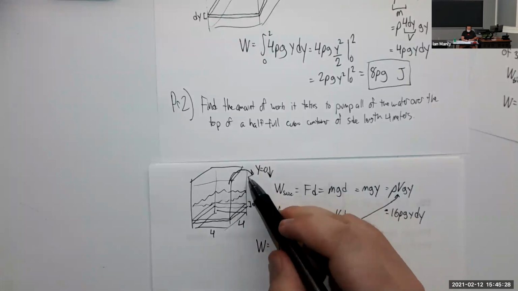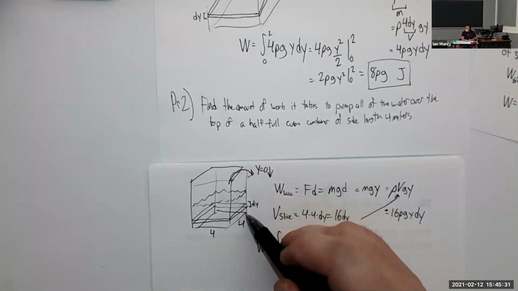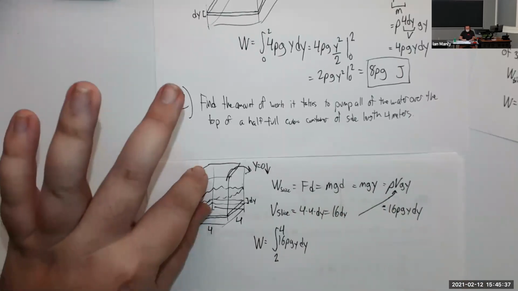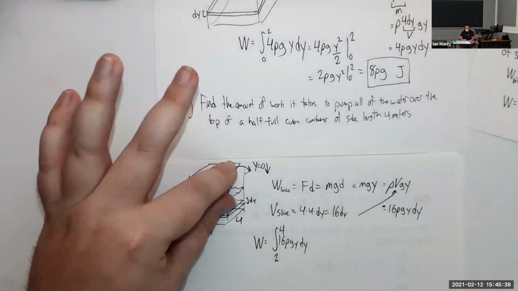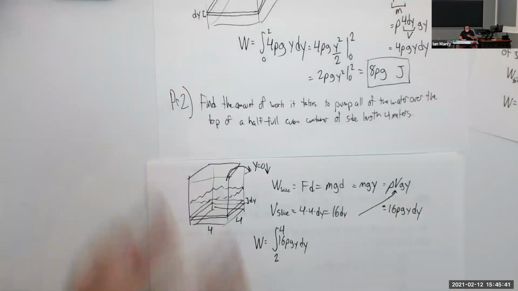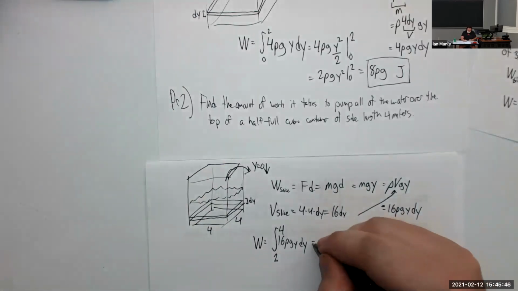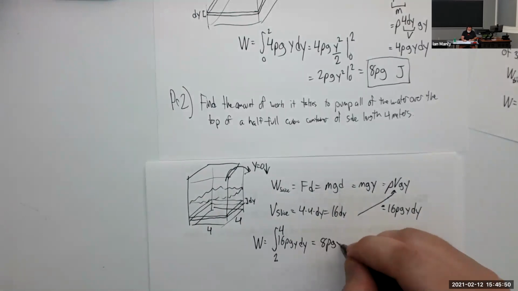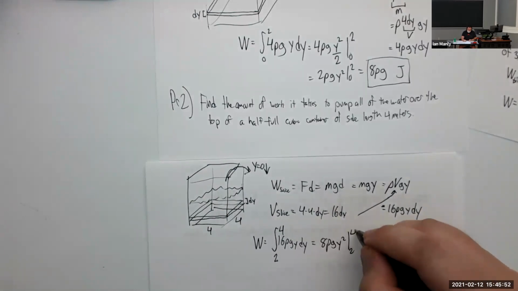And then how deep does the water go? Well, it goes all the way down to the bottom of the cube here, which is going to be at 4. So this integral isn't from 0 to 2. The water is not somehow hovering right here, ready to be pumped out. It's sitting here at the bottom. So it's going to go from 2 to 4 for this. All right, so then let's do our integral. We have 8 rho g y squared, 2 to 4.